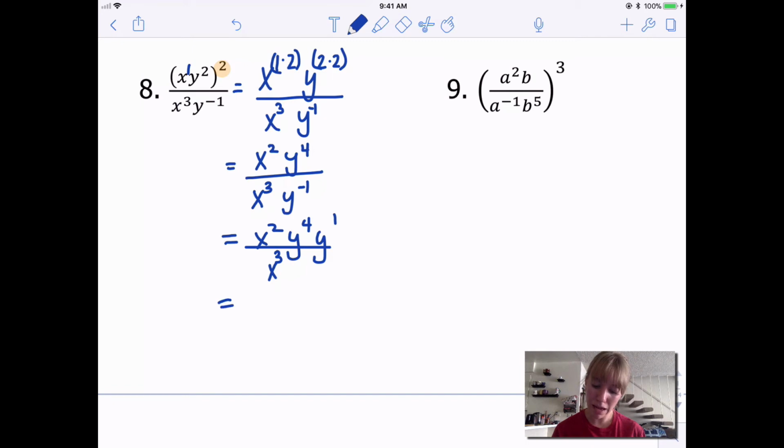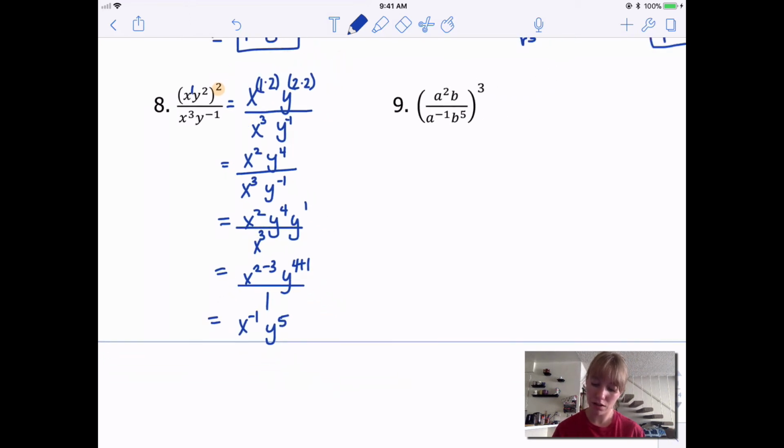Okay, now I'm going to deal with my x's. I see that I've got an x squared on the top and x to the third on the bottom. So I can go x to the 2 minus 3. And then my y's, I get y to the 4 plus 1. We have x to the negative 1, y to the 5th.